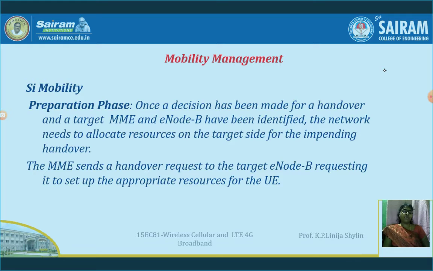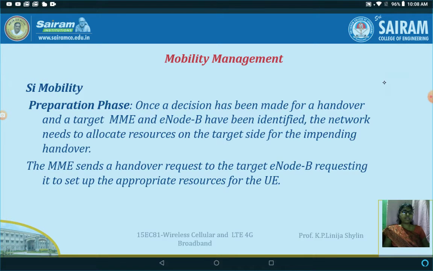In S1 mobility, there are three phases: the preparation phase, the execution phase, and the completion phase. Before seeing what happens in these three phases, let us see the diagrammatic representation.